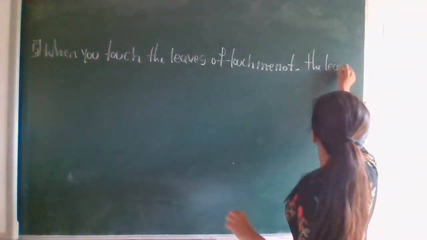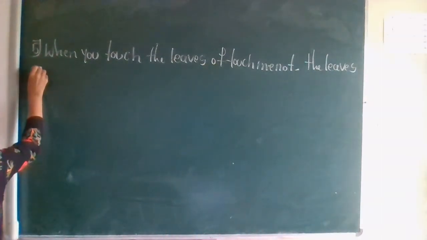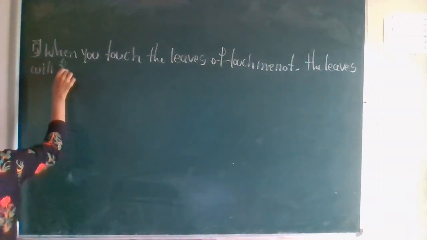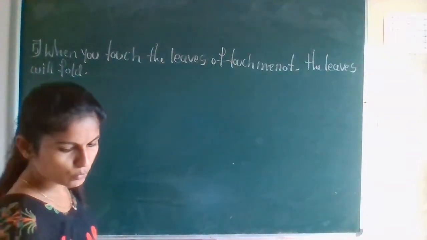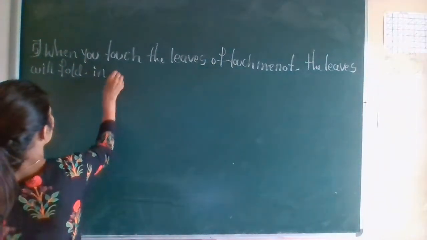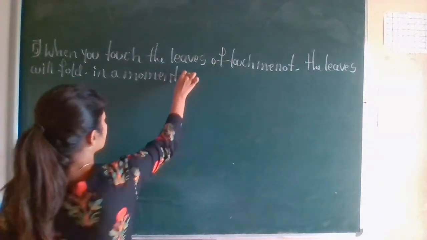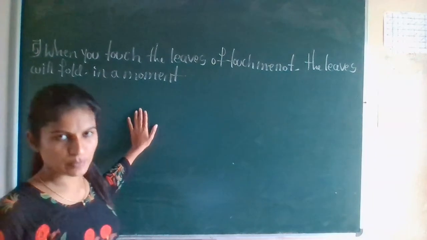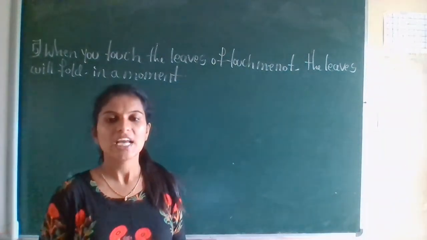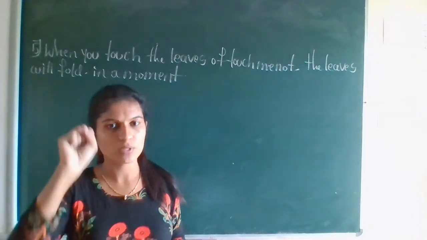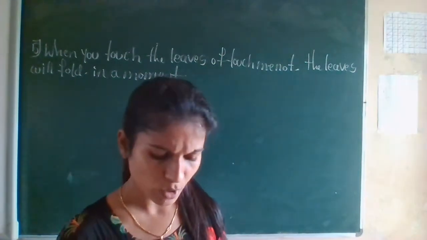The leaves will fold in a moment. This is the movement in touch me not. When you touch the leaves of that touch me not plant, it will fold like this. It will fold the leaves in a moment. So this is the movement in the touch me not plant.